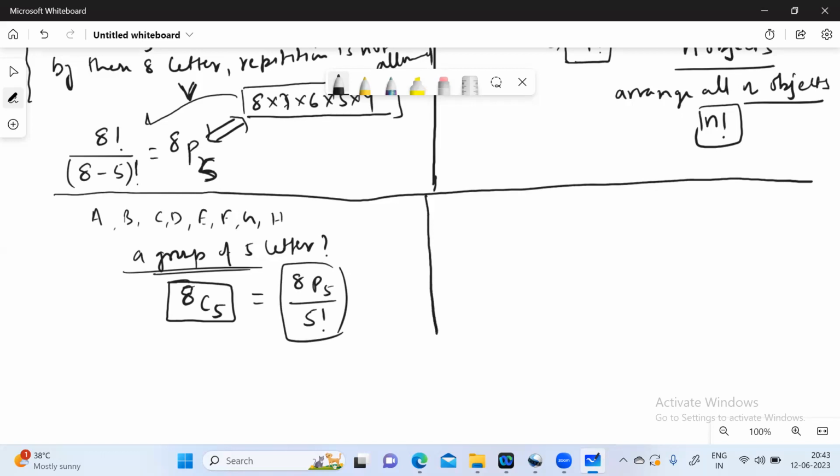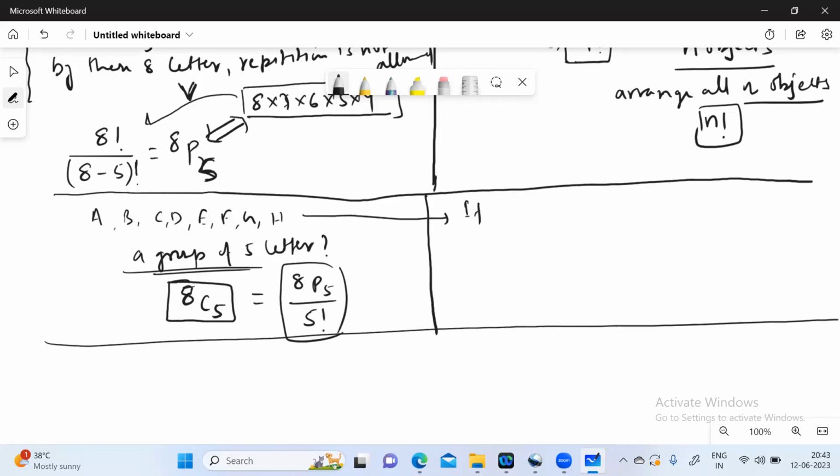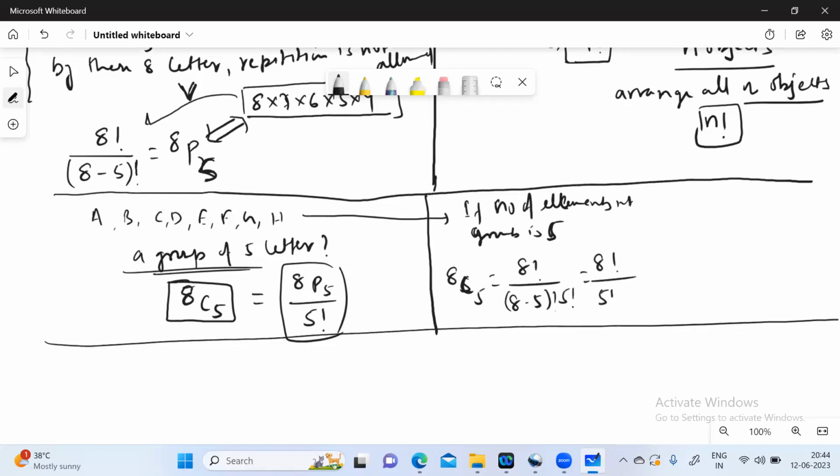And the last thing that we learned, that if we calculate the number of groups for the same example, if the number of elements in the group is 5, then it will be 8C5, like we have already explained. It will be 8 factorial divided by 8 minus 5 factorial and 5 factorial. Ultimately, what you will get is 8 factorial divided by 5 factorial into 3 factorial. 8 minus 5 will become 3.